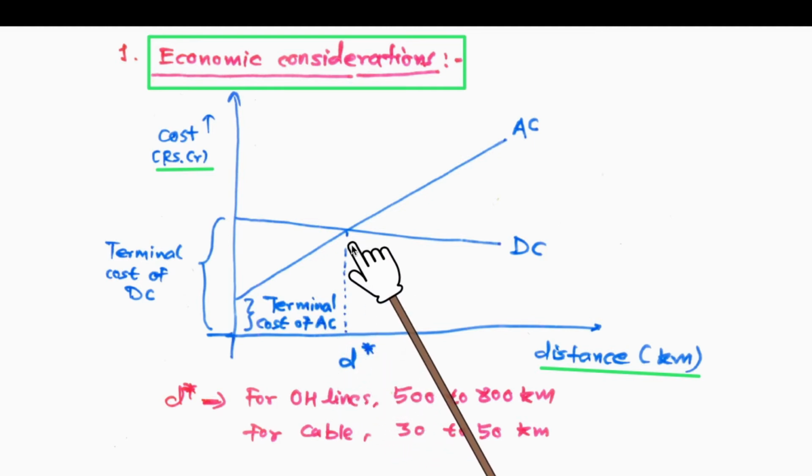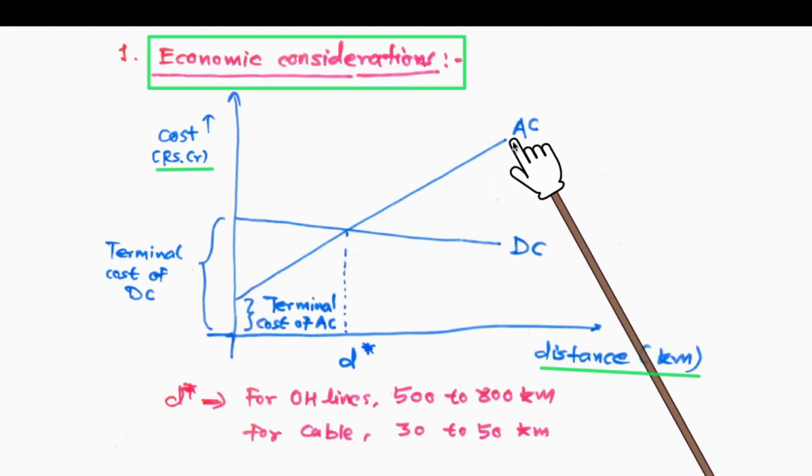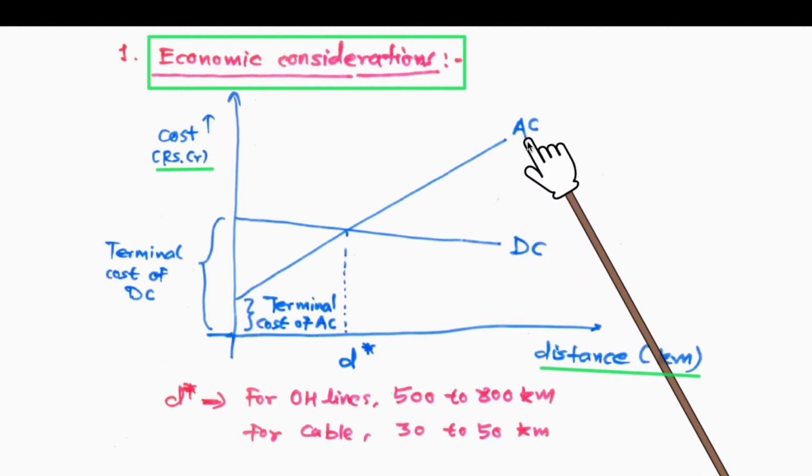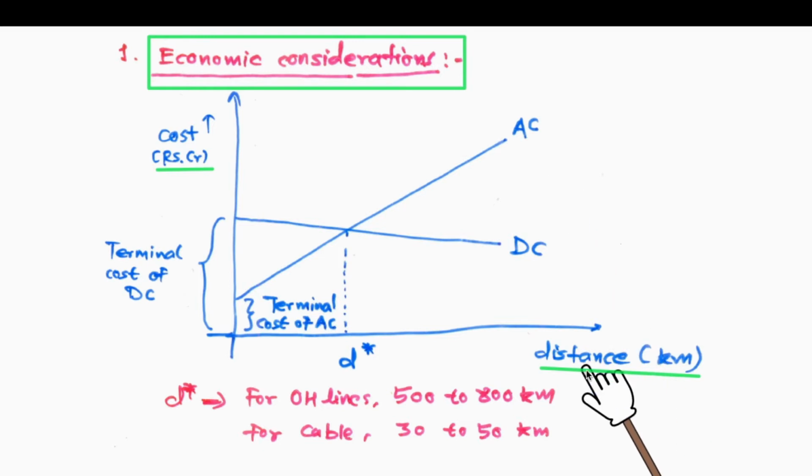Break-even distance. Now what is the break-even distance? Now, as far as the conventional EHV-AC technology is concerned, right? If transmission distance is even negligible or zero, you just want to generate power and use it at your home, still there is some amount of terminal cost involved. Okay, some amount of terminal cost is involved, maybe generator, transformer, switch gears, lightning arrestor, circuit breaker, like that.